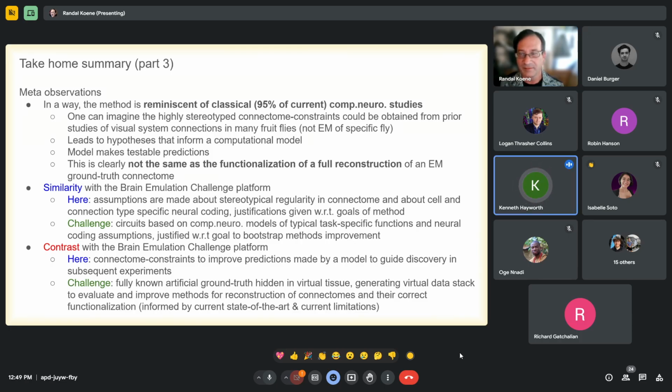I thought that was great. I wanted to ask, in terms of what was gotten with this EM connectome, if they had started with, like you were saying with the brain emulation challenge, an artificial network and really tried to do the same type of analysis, do you think that they would have gotten more general results, saying, okay, these are the types of time constants that we can determine based upon this method, and these are the types of time constants that we can't?